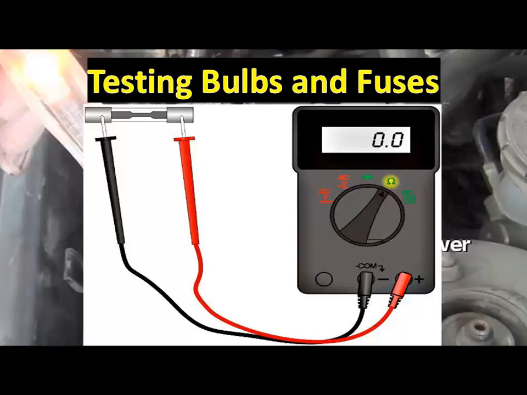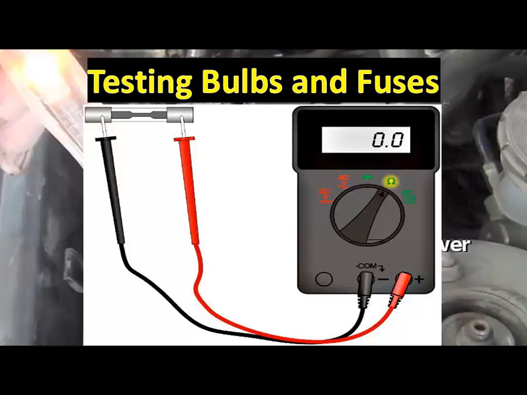Sometimes when you look at the envelope of the bulb, you don't see a filament because the filament is already burned out. If that happens, then you have to replace it. You don't even have to use an ohmmeter or a circuit tester. Often the inside of the envelope turns black because of the smoke created by the burning of the filament.